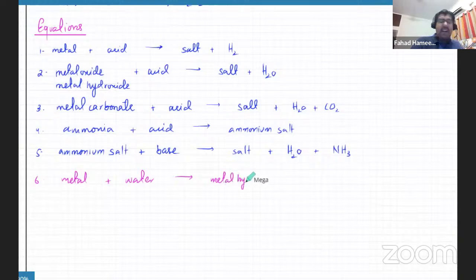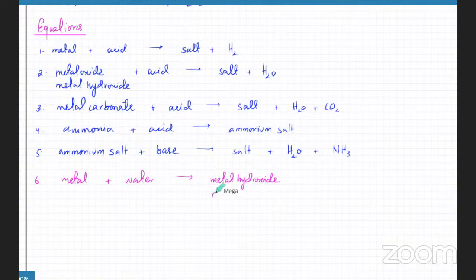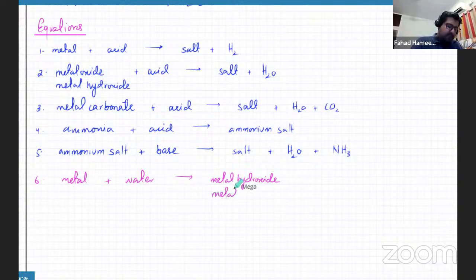If you add sodium to water, it's going to form sodium hydroxide anyway, and depending on whether it's soluble, it would also form an oxide. Plus hydrogen gas would be given off.